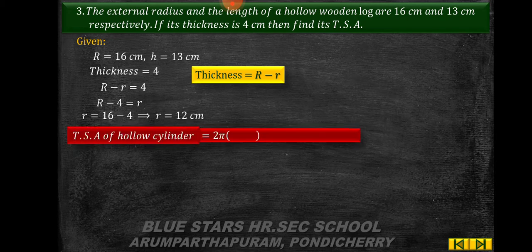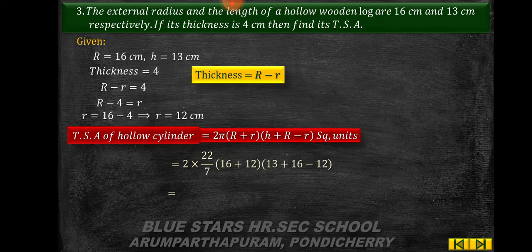Then the TSA of a hollow cylinder is equal to 2 pi into (capital R plus small r) into h plus (capital R minus small r) square units, which is equal to 2 into 22 by 7 into (16 plus 12) into (13 plus 16 minus 12), which is equal to 2 into 22 by 7 into 28 into 17.